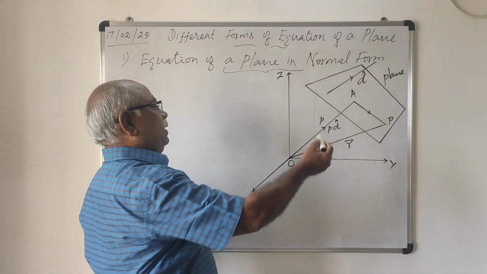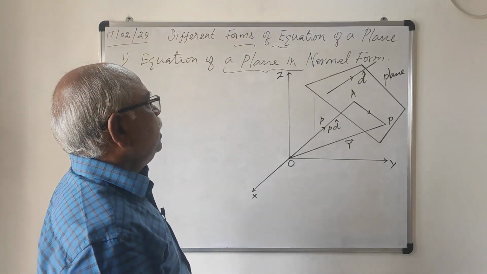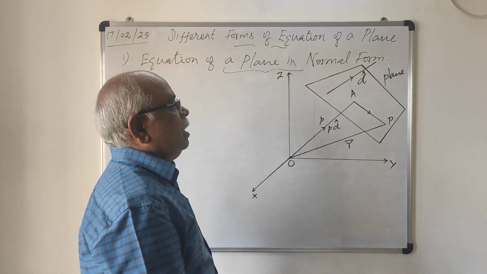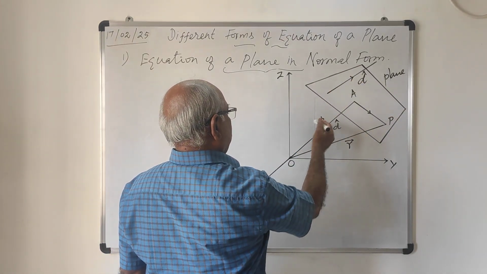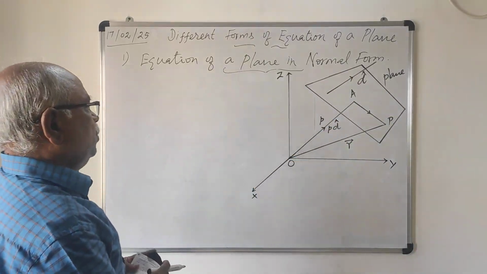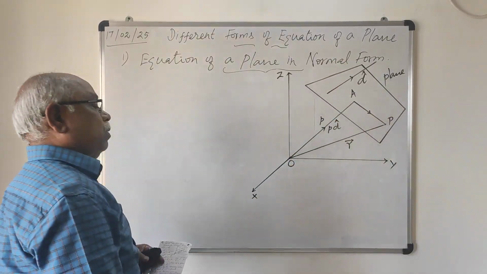The coordinates of P are x, y, z, and the coordinates of the point A are x1, y1, z1. Now we have to find the equation of this plane, and this equation is called the normal form.